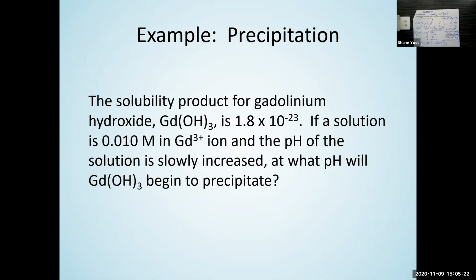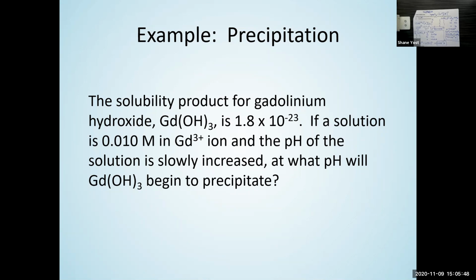Right, and so if we imagine what you're doing when you increase the pH, that's increasing the concentration of OH minus ions. Because at very low pHs you have a very acidic solution, you have a very high concentration of H plus and a very low concentration of OH minus. So as the pH gets larger, the concentration of OH minus gets larger.